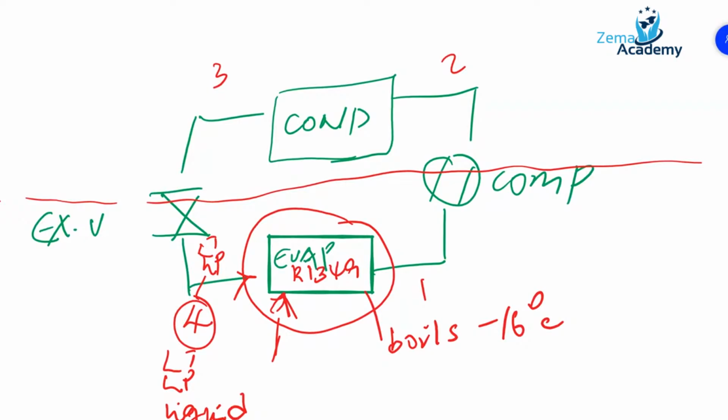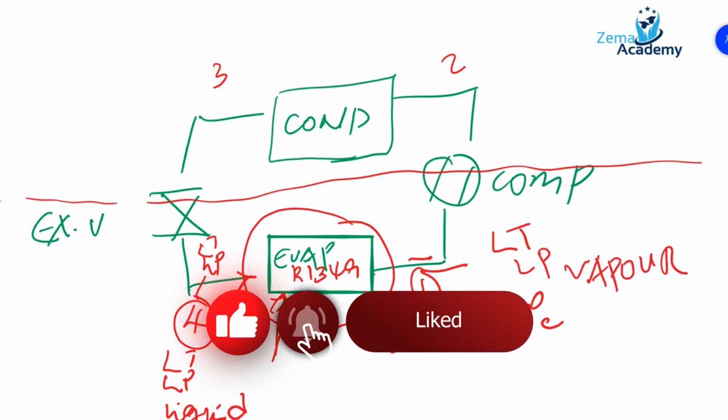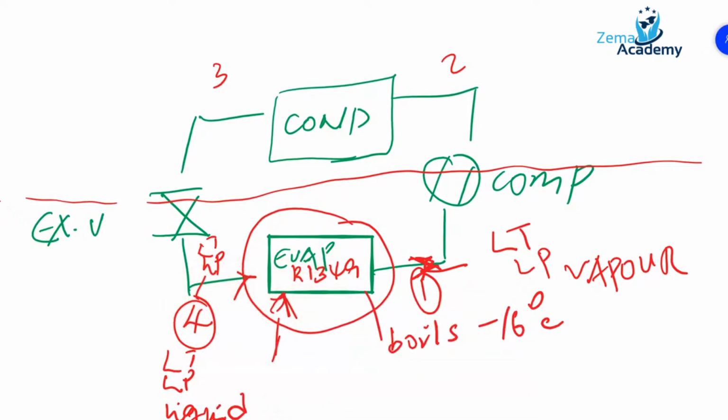So that low temperature and low pressure liquid gets boiled, and when it comes out at point 1, we have a low temperature and low pressure vapor.